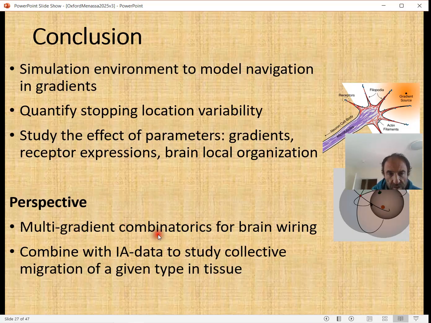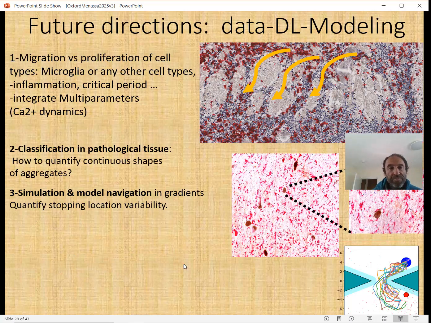The multiple gradient combinatorics remain a challenge, so we are going to provide pretty soon a research work on this, and combined with this artificial intelligence data, it could allow to study the collective migration of one type of cells in the tissue.